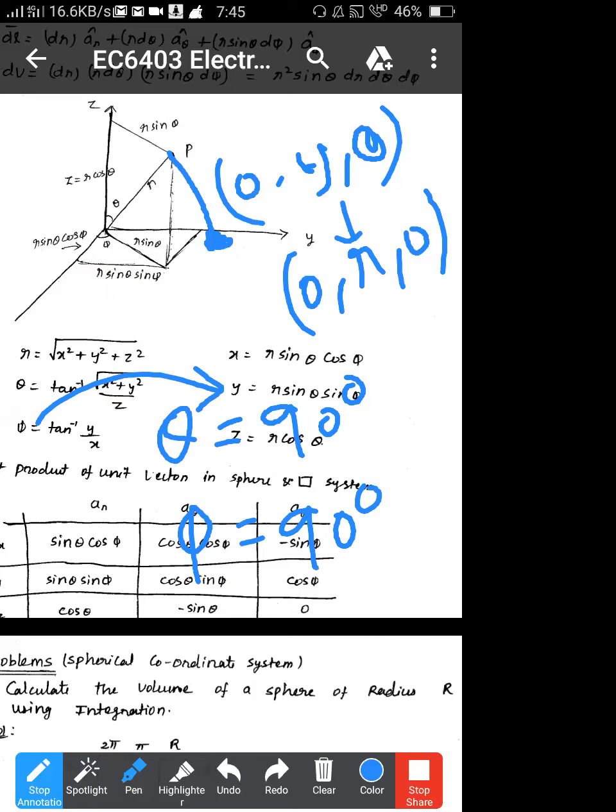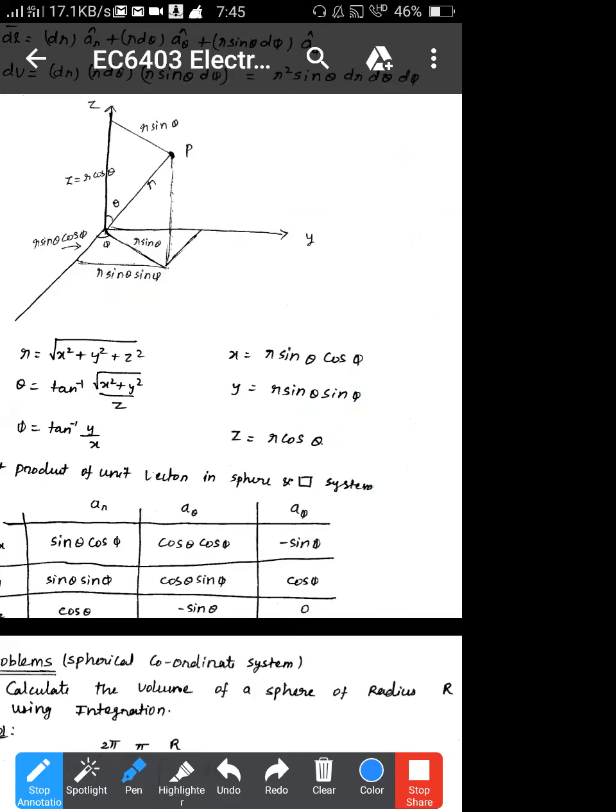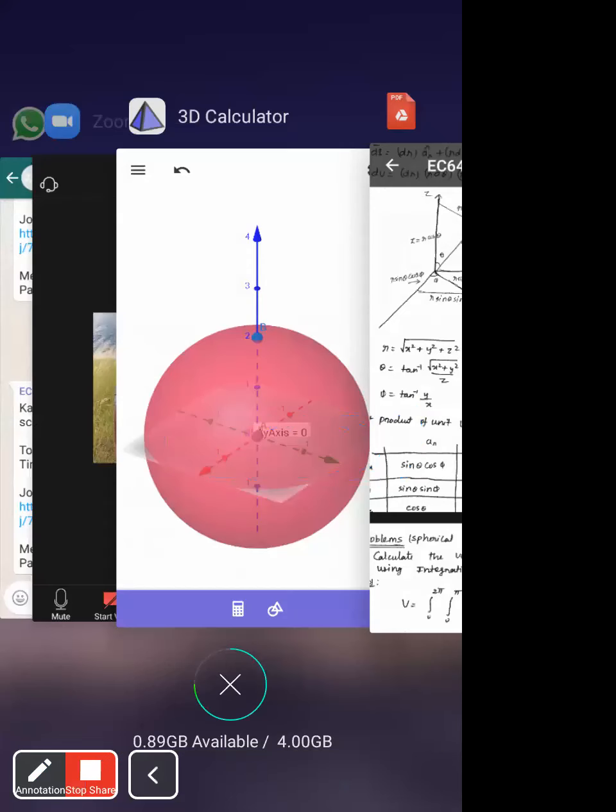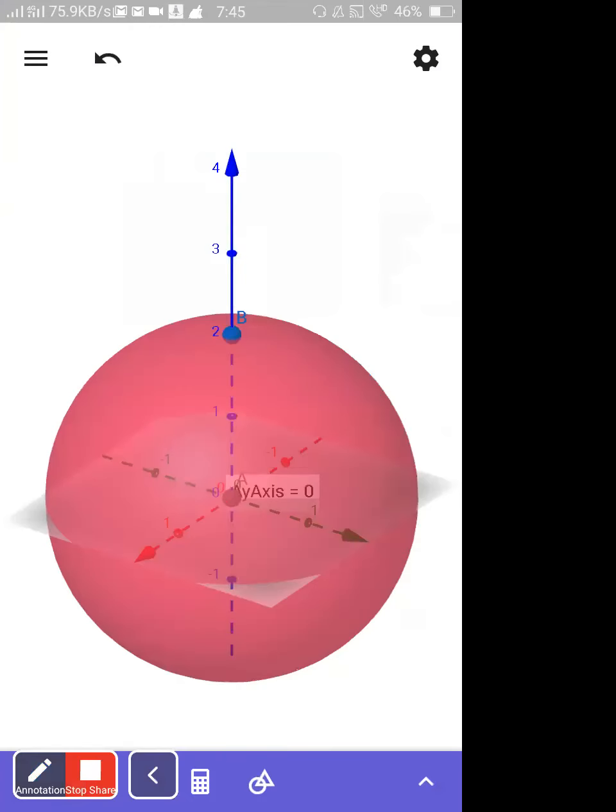Now I'm going to explain the last situation. z equal to r cos theta. Again, can somebody tell me why it is independent of phi?